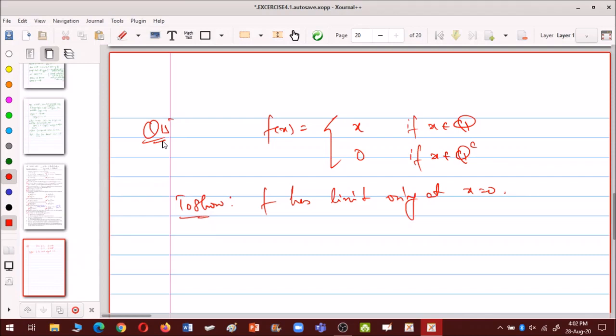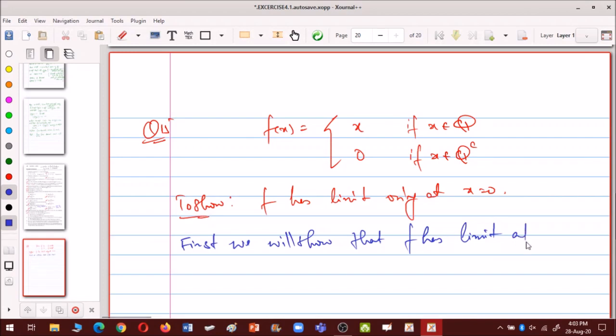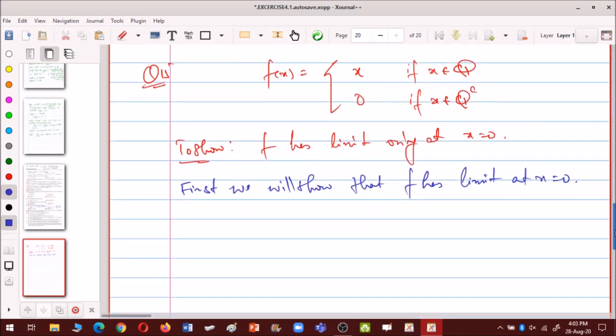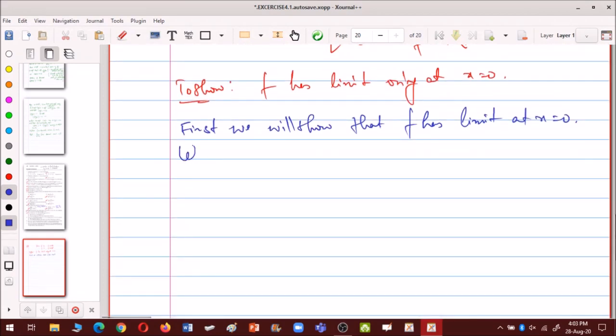So first we will show that f has a limit at x equal to 0. For this we assume epsilon greater than 0 to be any real number.